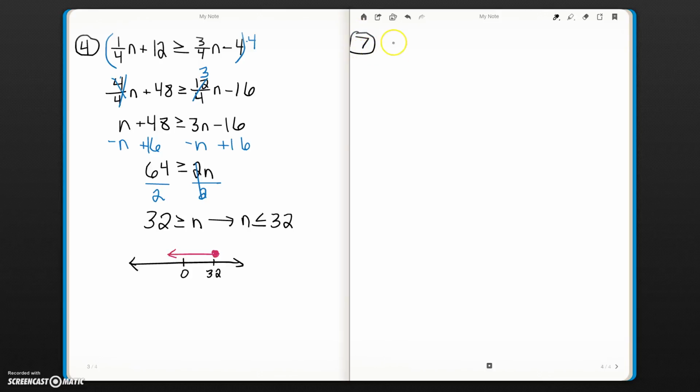Alright, number 7. Number 7 is 2x minus 9 divided by 4 is less than or equal to x plus 2. Okay, so here again, the same kind of thing. We got 4 in the denominator, so we're just going to multiply both sides, okay, or the entire equation by 4.